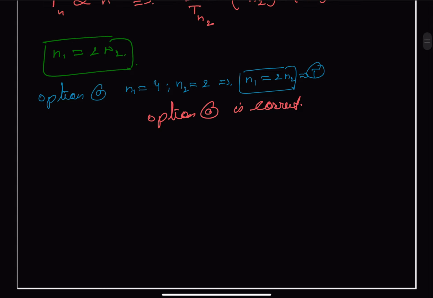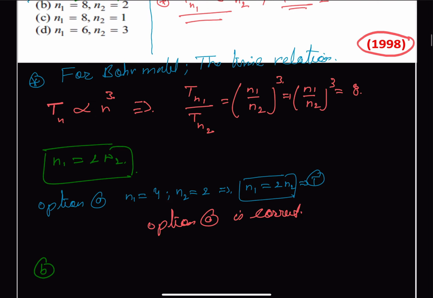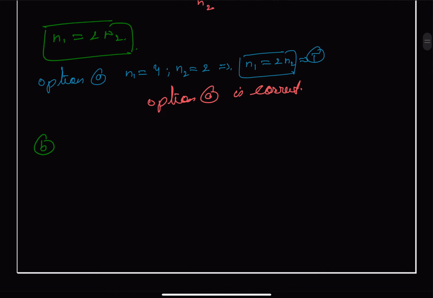Similarly, we take option B, and option B gives us n1 is 8 and n2 is 2. And for that, n1 should ideally be equal to 2 times n2, which is not true in this case. So this relationship is false.